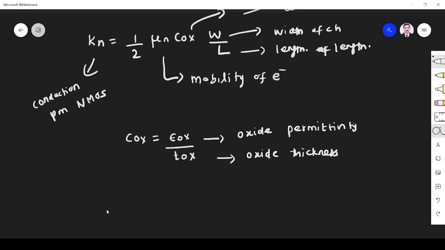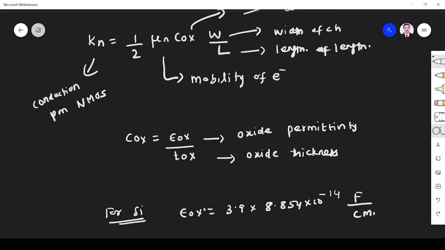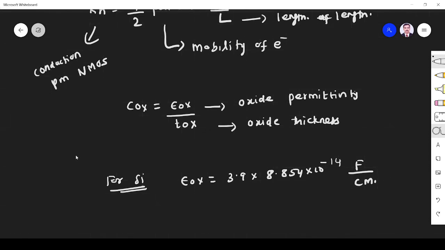For silicon, we have to remember that epsilon OX is equal to 3.9 into 8.854 into 10 power minus 14 farad per centimeter. Don't forget, it is for only silicon.